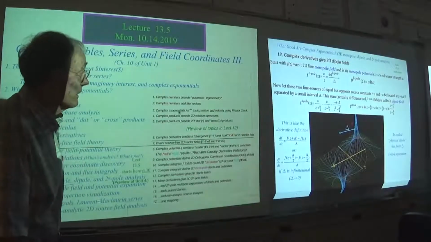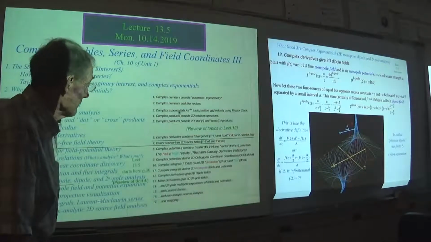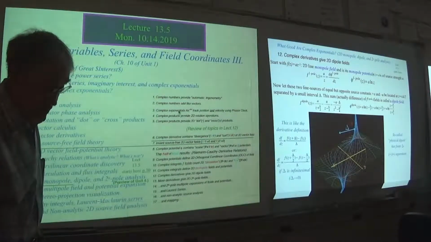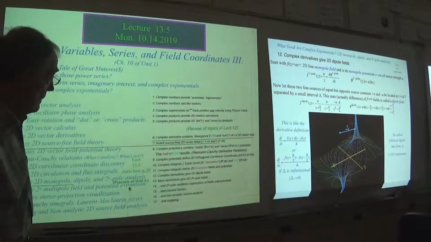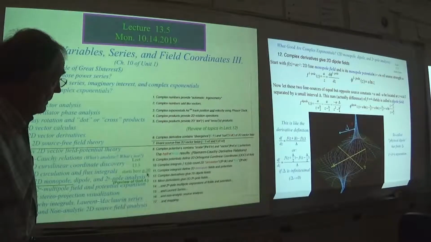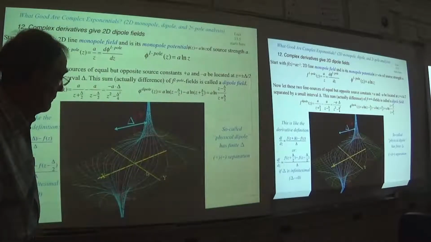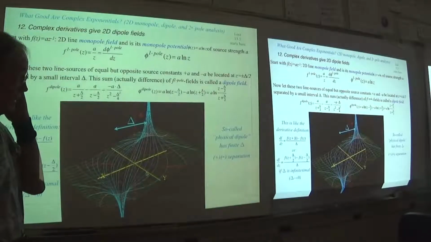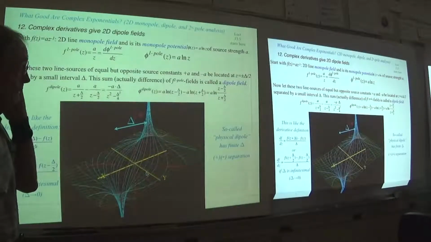So the basic idea of this, and I'm going to go ahead and jump ahead to that page right here, but I want to clear that screen so we can actually look at this function being produced. And this is what we call a physical dipole.